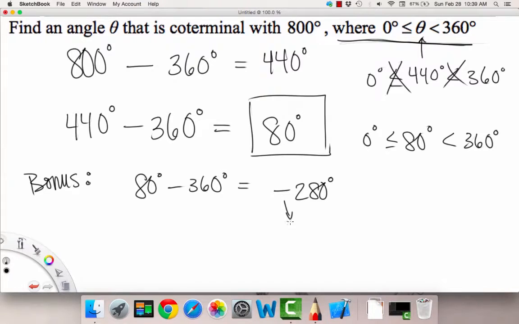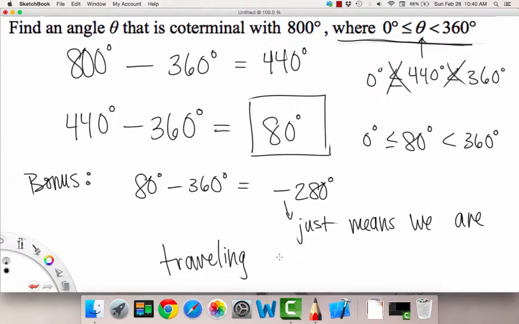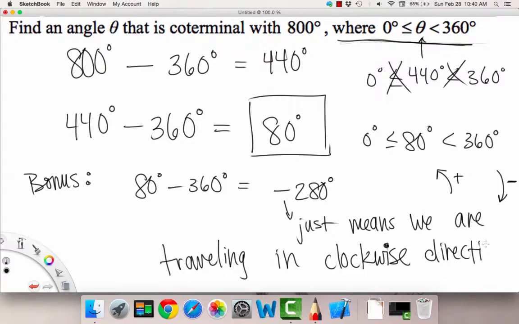This negative sign just means our angle is traveling in the clockwise direction. Because remember in the beginning I said that counterclockwise is usually considered positive, and clockwise is considered negative. So that just means we're traveling in the clockwise direction.